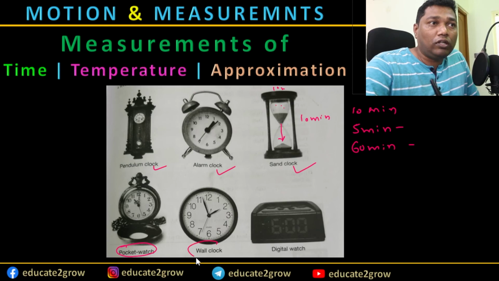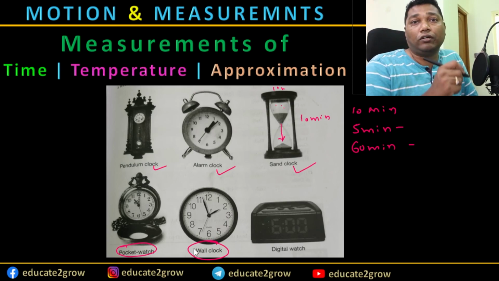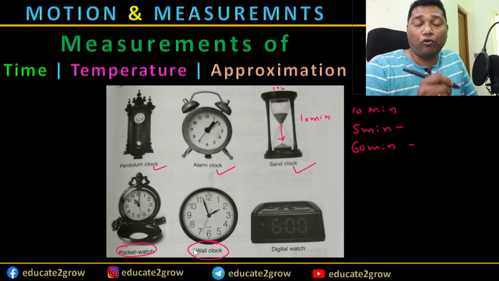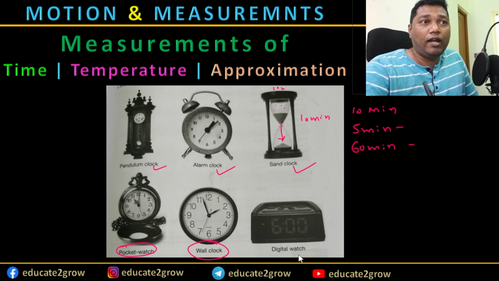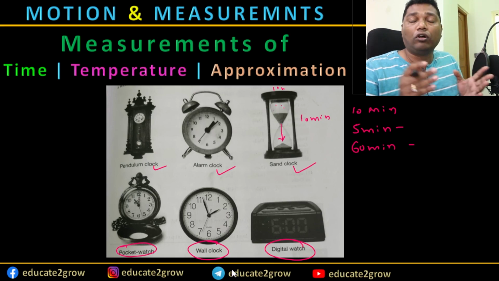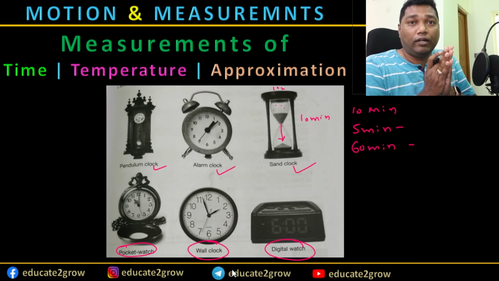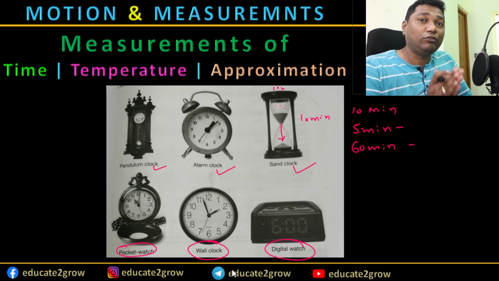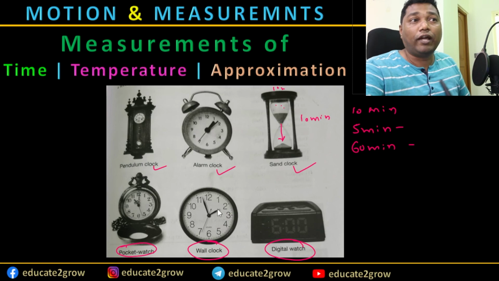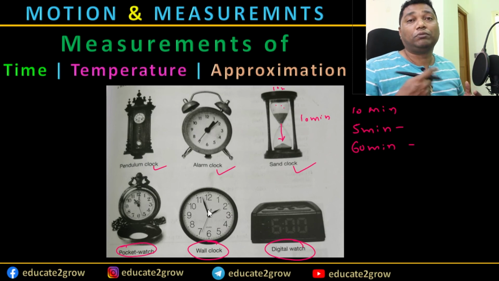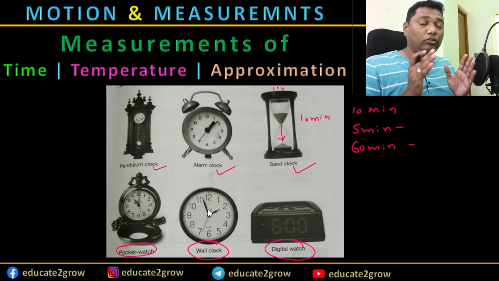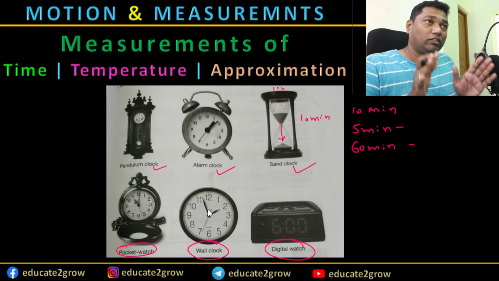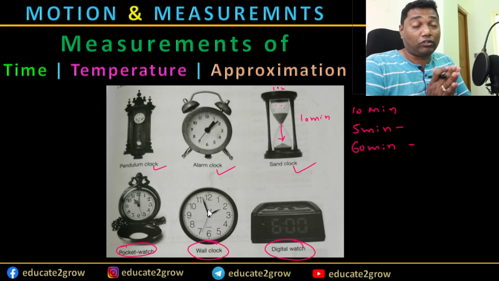This wall clock is put on the wall in your home to see the time. The digital watch and digital clock are new technology that came recently, and people have started using them. It is very easy to read the numbers instead of a dial system, so that's how it has become easier nowadays. So these are all the devices used to measure time.